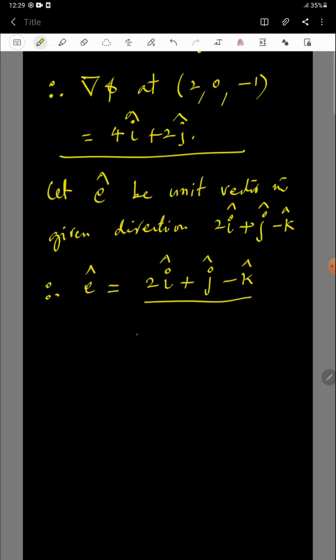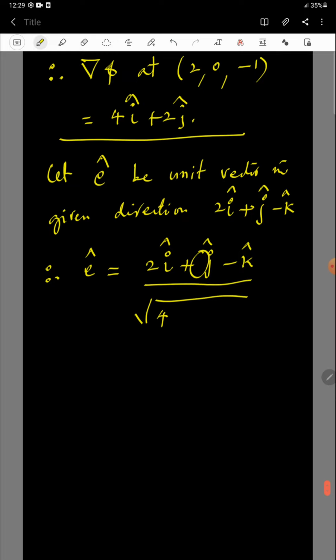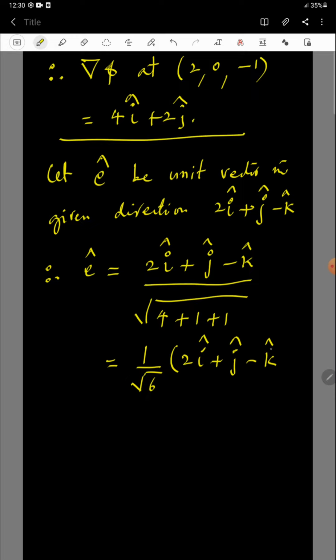So that divided by square root of whatever i coefficient is there, we have to square this one, so I write it as 4. Whatever j coefficient is there, that is 1, I have to square and add it here. Whatever k coefficient is there, I have to square and add it, so it will be plus 1. So it will be nothing but equal to 1 by root 6 times 2i plus j minus k. So this is the unit vector in the given direction.